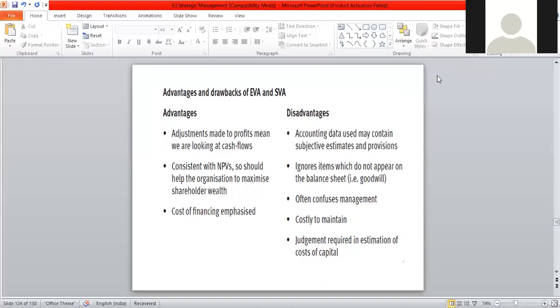If they were earlier deducted, they should be added back. If they were added, like revalued unrealized gain, if it was earlier added, it has to be deducted.